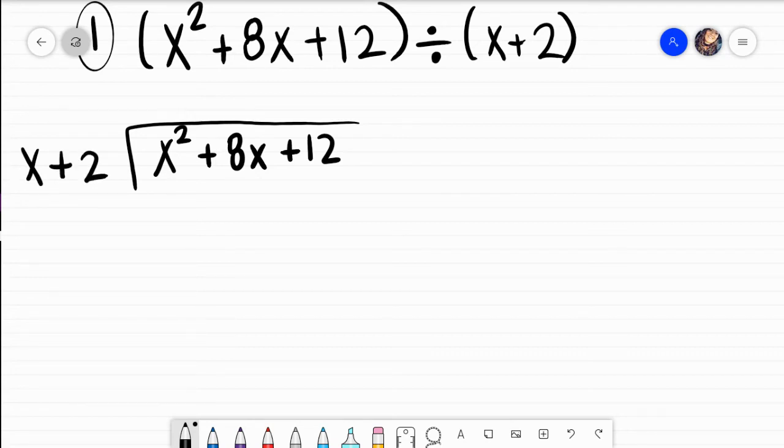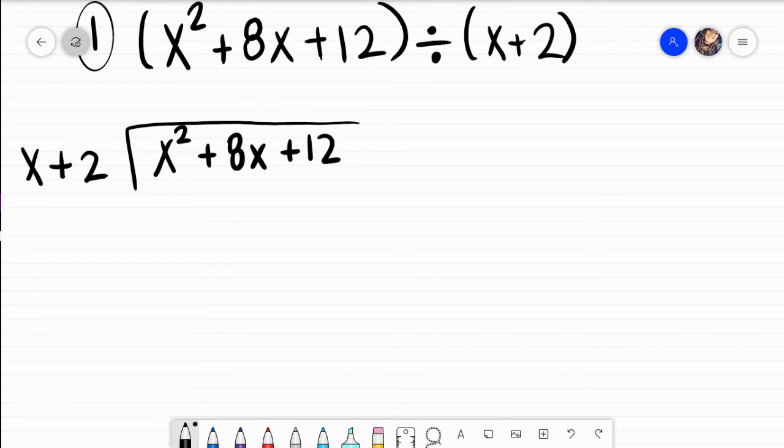Okay, so it should look similar. Now the steps that you follow are slightly different just because we aren't dealing with just numbers. So our very first step is to look at the leading term of our dividend, which is an x squared.